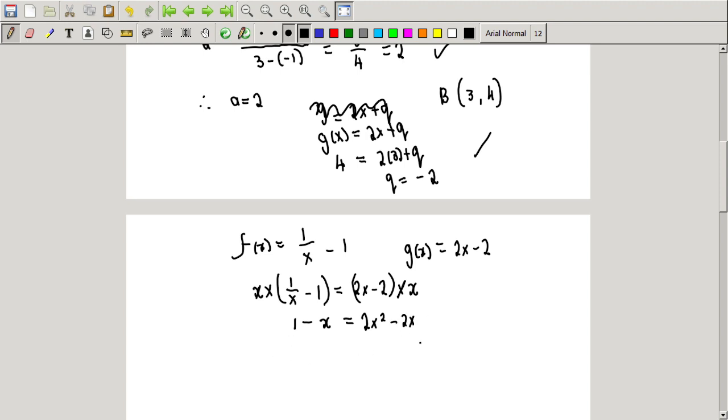So taking these things to the other side, actually it's not taking things to the other side. I'm actually subtracting the whole thing on both sides. Because I'm eliminating it, when I eliminate, I'm subtracting.